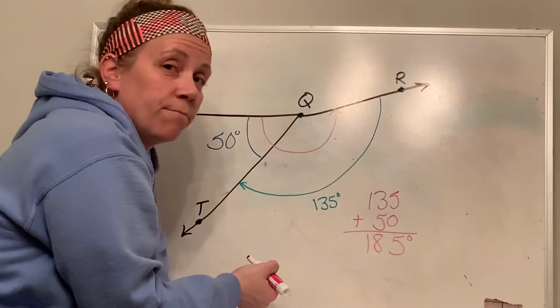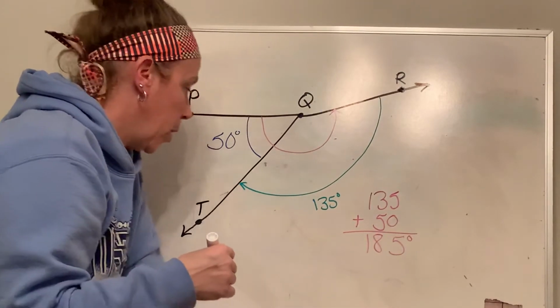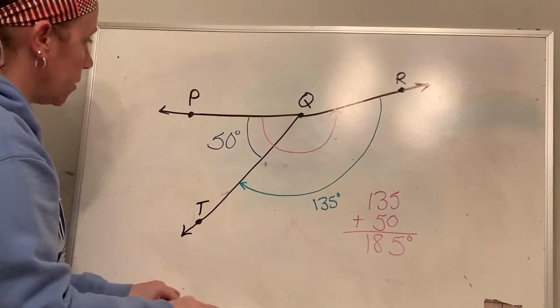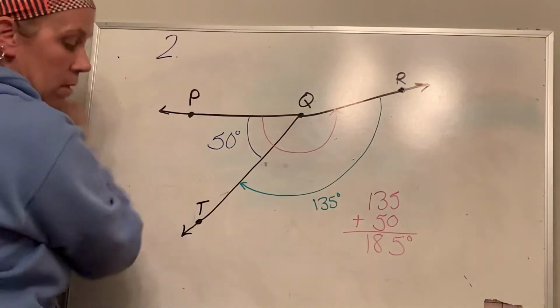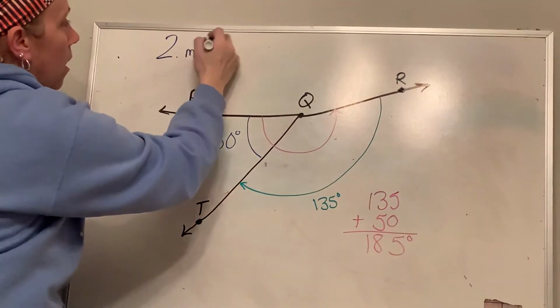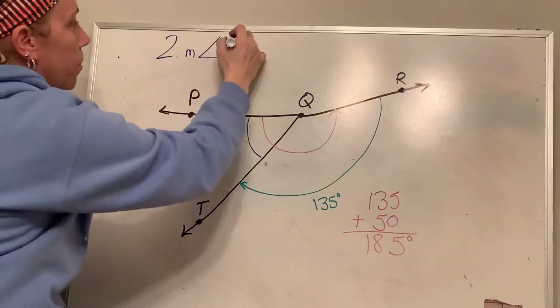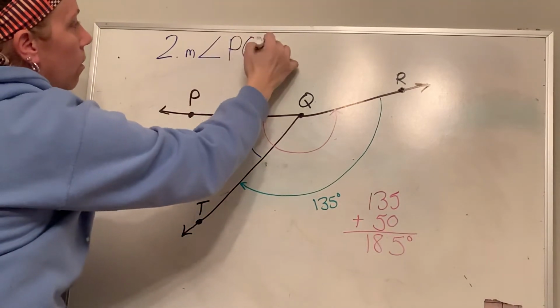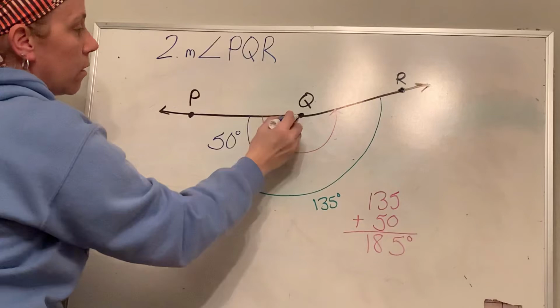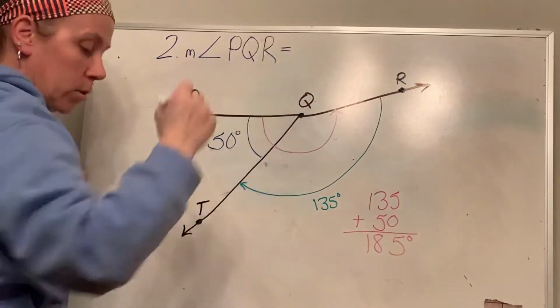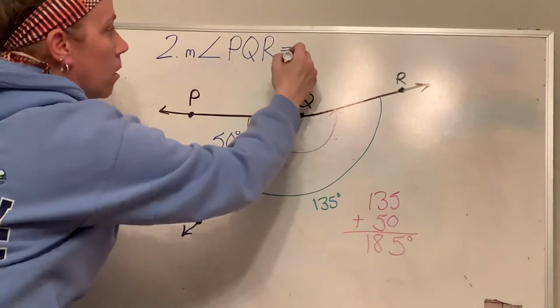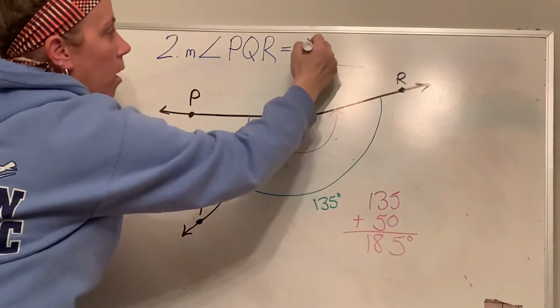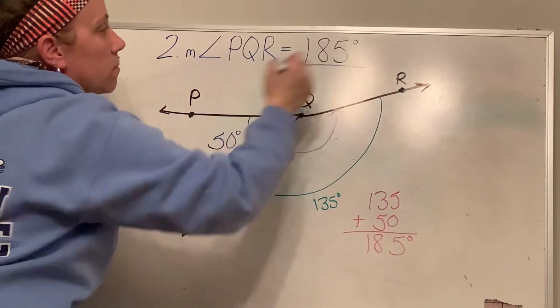It's a big angle. So in your book, number 2 says the measurement of angle PQR equals, and you would put 185 degrees.